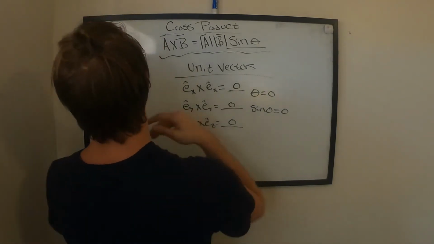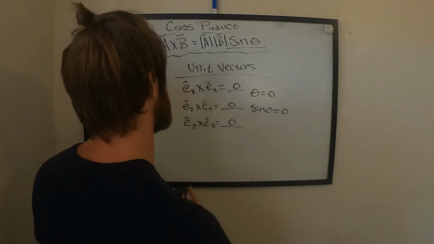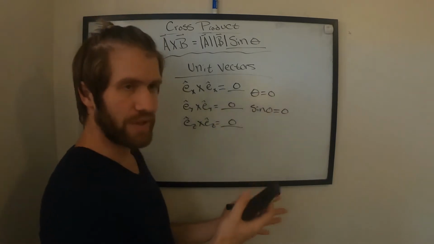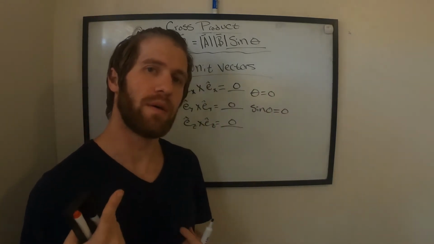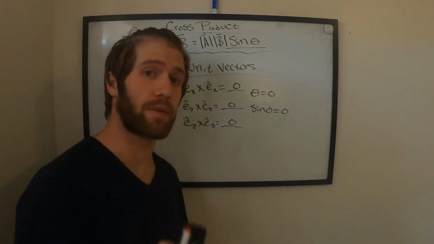Now, to have a more in-depth explanation as to what unit vectors really are, they are simply vectors with a magnitude of 1 that determine the direction of the vector components.